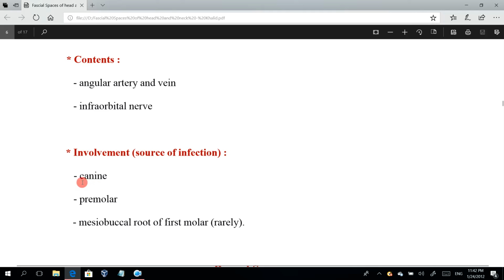The infection comes from the canine, from the premolar, and from the mesiobuccal root of the first molar, though infection from this mesiobuccal root rarely reaches this space. Mainly this space is involved by infection through canine problems or disease, and also the premolar.